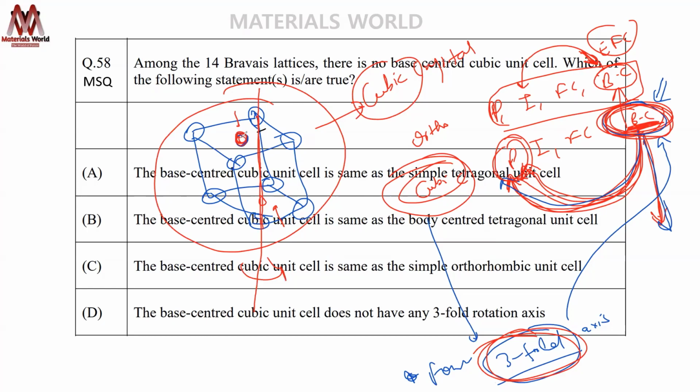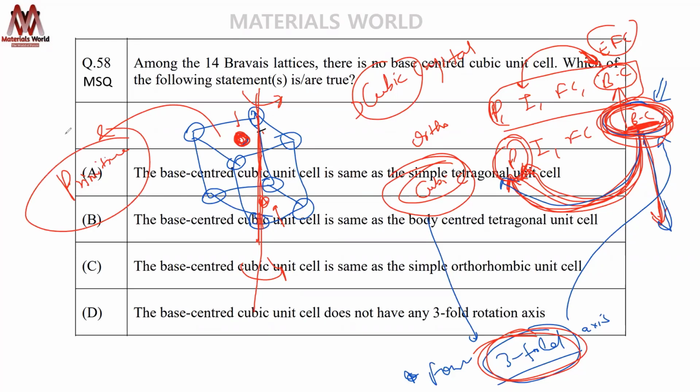This base centered, you can see, by adding only this, can you rotate this and get threefold symmetry? No. If you don't have this atom, then you will definitely get it.